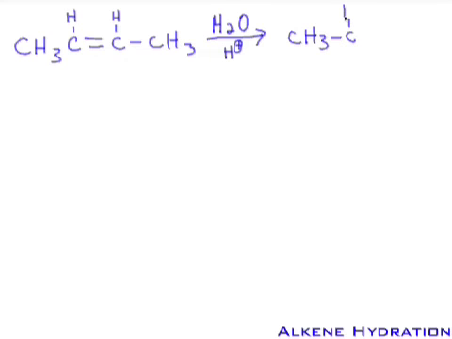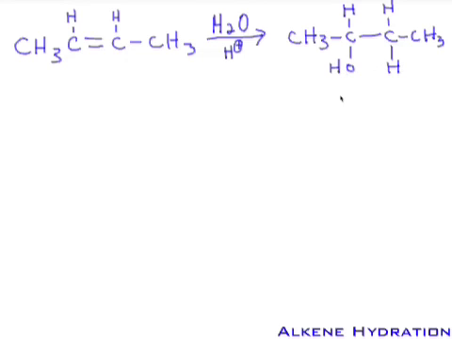So essentially across the pi bond, water and acid will add an H2O. It looks like it just adds H2O. It splits up the H2O molecule. It looks like the OH of the H2O goes on one carbon and the other H goes on the other carbon. And you can think of it that way for now if you like.